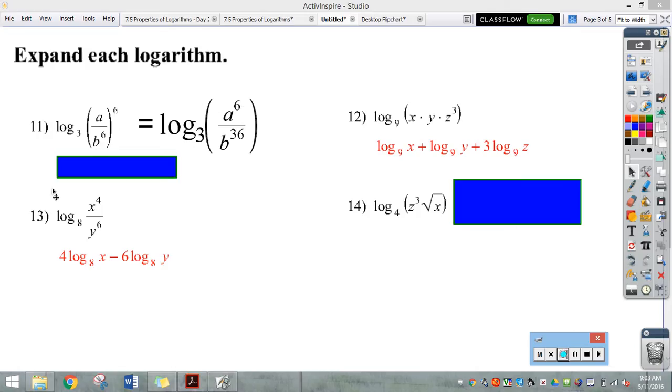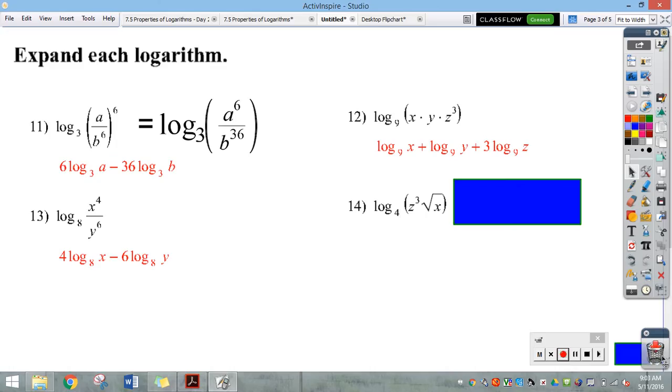And then it becomes just like number 13, where you separate into two logarithms or expand into two logarithms with subtraction, and then move the exponents out front. And then number 14, you'll have to recall what we learned about radicals. So if I have a square root, I can convert it to an exponent, making it a fractional exponent.